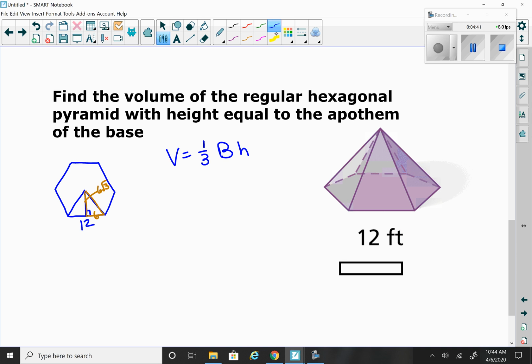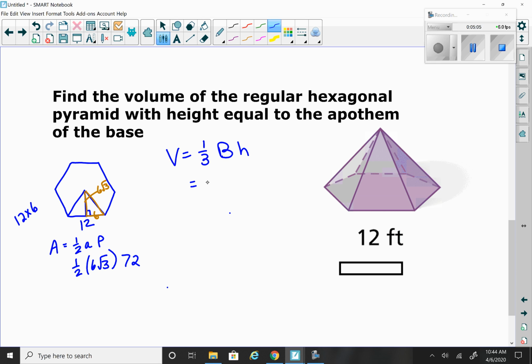So the area of our regular polygon is 1/2 times the apothem times the perimeter of the base. So that's 1/2 times 6 root 3 times the perimeter of my base, that's 12 times 6, which is 72. So there is the area of that hexagonal base.